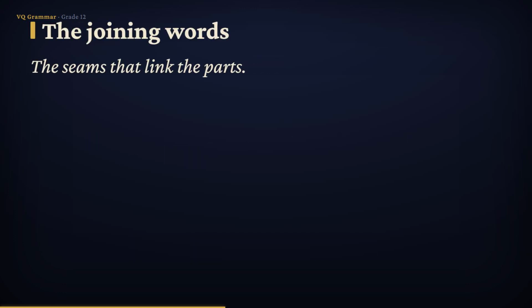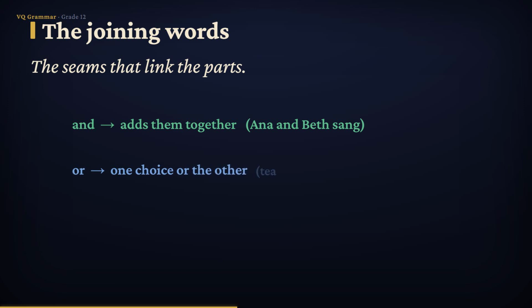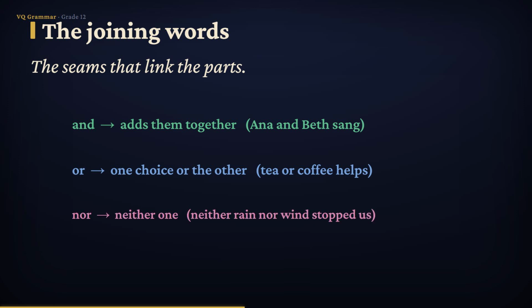Let's name the joining words, because they're the seams that hold these compounds together. And simply adds the parts up. Anna and Beth sang. Or offers a choice between them. Tea or coffee helps in the morning. Nor rules them both out. Neither rain nor wind stopped us.